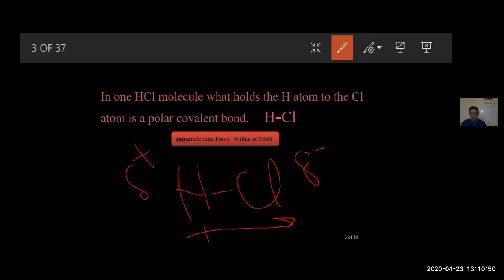So the chloride had the partial negative, and the hydrogen had a partial positive. That is what we call a dipole bond, okay?